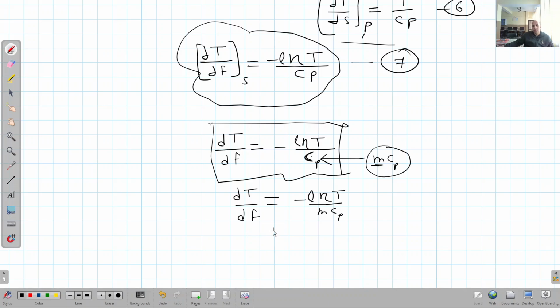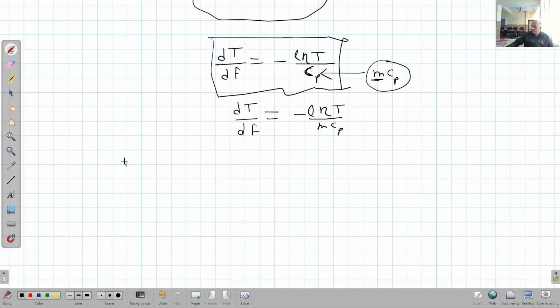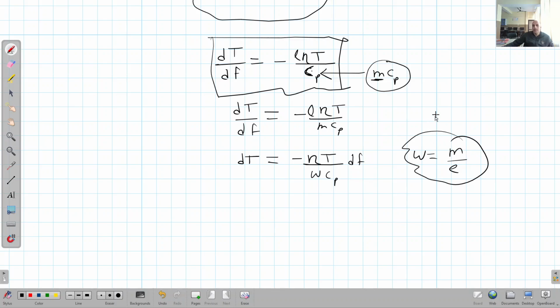If I take dF toward this side, then it will become dT is equal to minus eta T upon w c into dF. Here w is equal to m upon L, the mass per unit length of the wire.